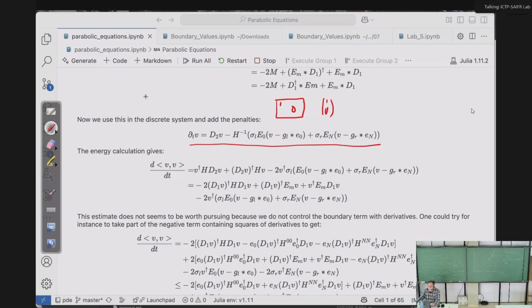This says dt of b0 equals d2b at 0 minus h^-1 0 0 gl times b0, okay, and the other is the same for the other boundary.